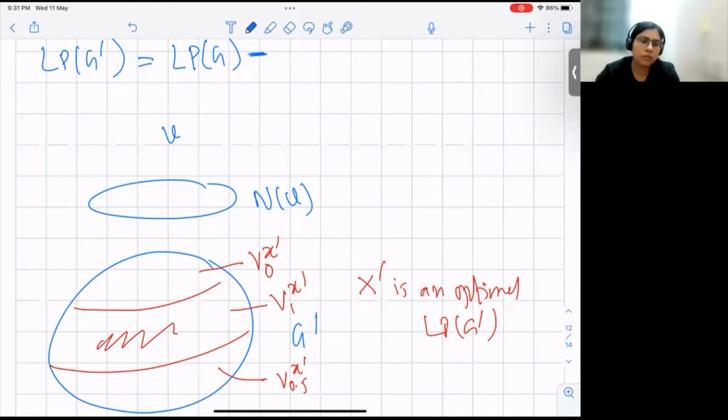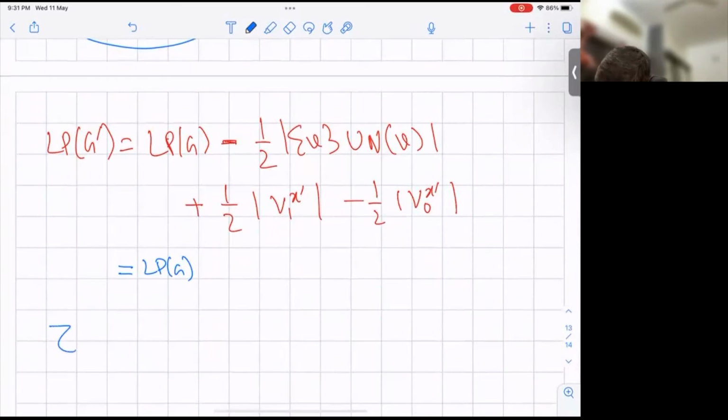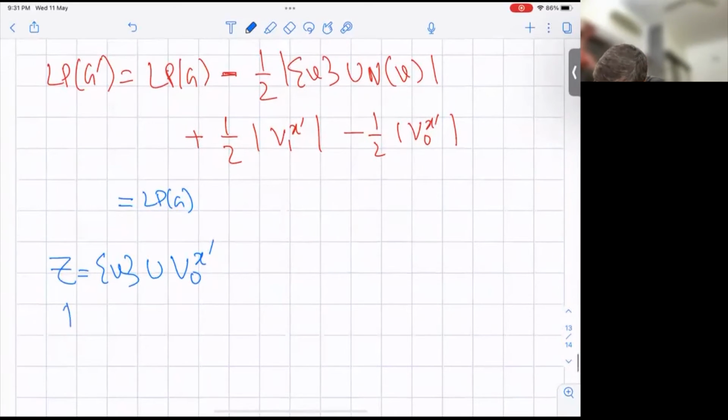Is V union V0 of X prime an independent set? Because look, V does not have a neighbor in V0 of X prime, because all its neighbors are N of V. So let's call this capital Z, which is V union V0 of X prime. And Z is an independent set.